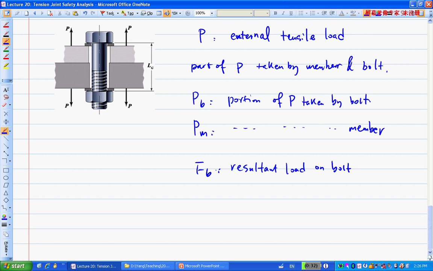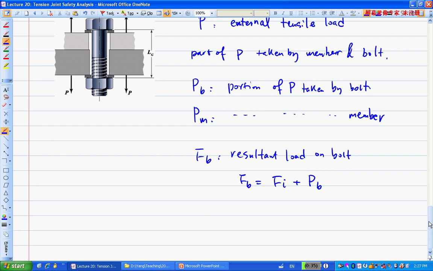And now you have this PB coming from the pressure, the capital P, and it's being taken by the bolt. So FB should be equal to what? Fi plus this PB. So the tension force on the bolt is a little bit bigger now than the initial condition.